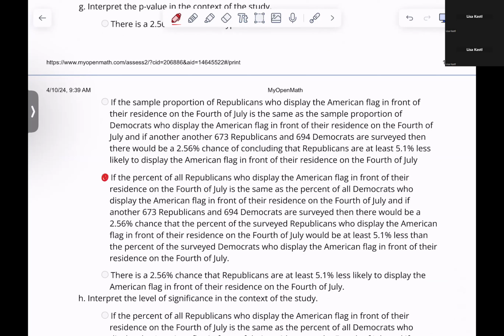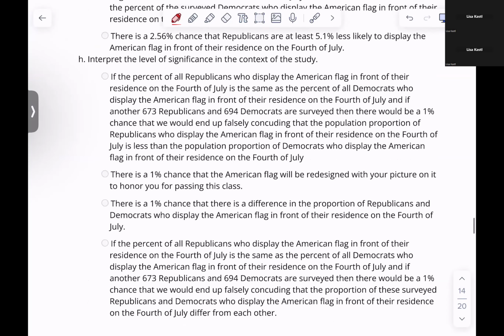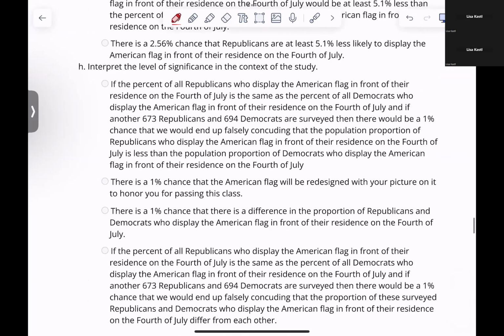Is it going to be this one? I think so. And the last one. What was that? First one? I agree.